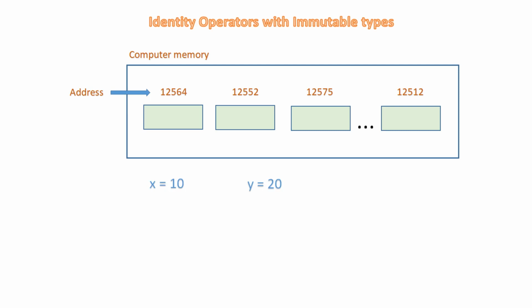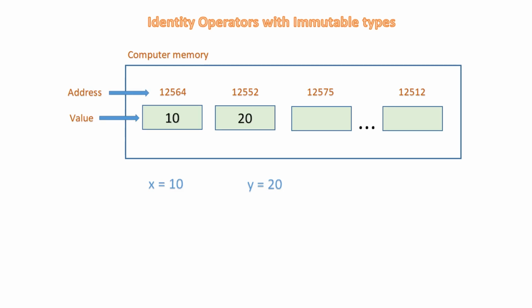Both are immutable types. The values are stored in a specific address in memory. Consider 10 is stored in the address 12564 and 20 is stored in the address 12552. And the variable x refers to the address of 10 and y refers to the address of 20.